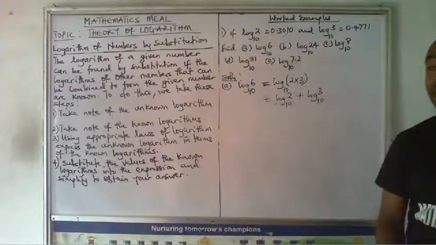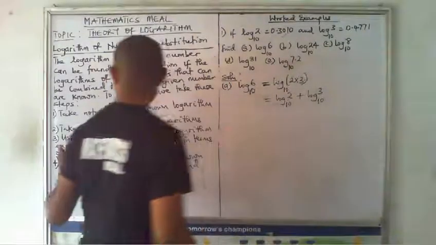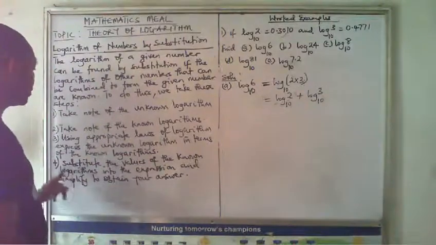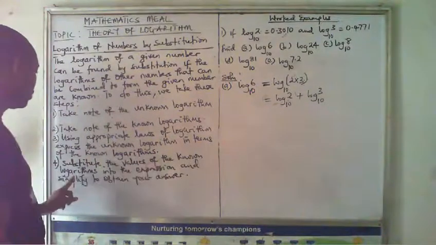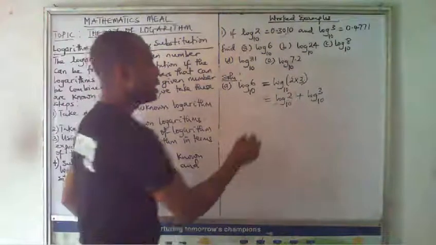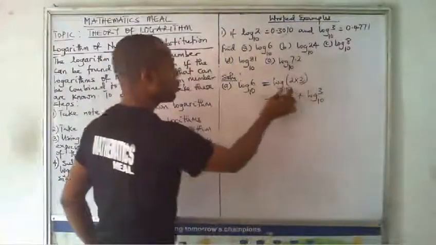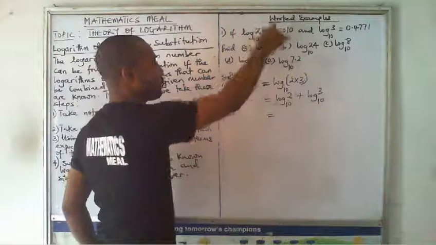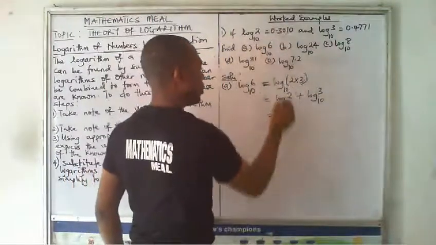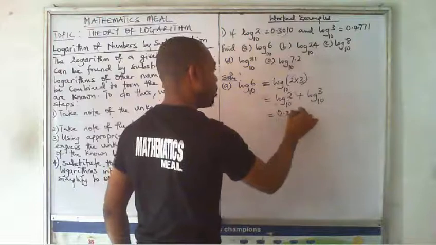So quickly, we now substitute. Having carried out this step, express the unknown logarithm in terms of the known logarithms, then substitute the values of the known logarithms into the expression and simplify to obtain your answer. So what is now log 2? Substitute the values of the known logarithms into that expression. What is log 2? Log 2 is 0.3010.